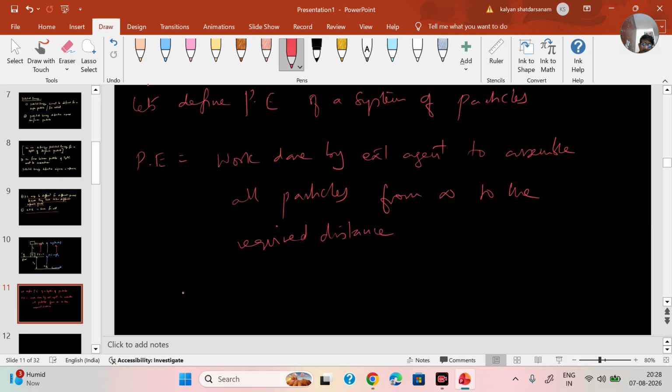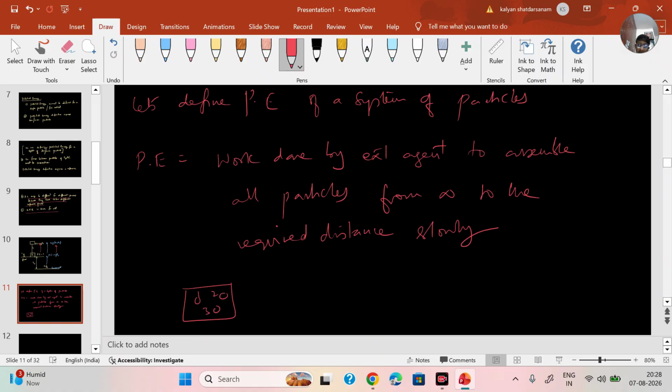What is it that I am saying? Suppose I have three particles here and I want the potential energy of the system. You must find the work, and I must use the word slowly here. You must find the work done by an external agent to bring the particles to this configuration. Originally you will assume that all the particles were at infinity. I'll call these particles 1, 2, 3.